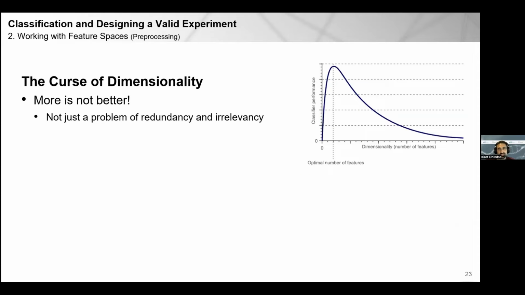So related to this idea of dimensionality is this almost mythical curse of dimensionality. And it's tempting to think that more features are better, right? But this whole dimensionality issue is more than just a problem of things like redundancy or relevancy or noisy features that are spuriously correlated with your class data.